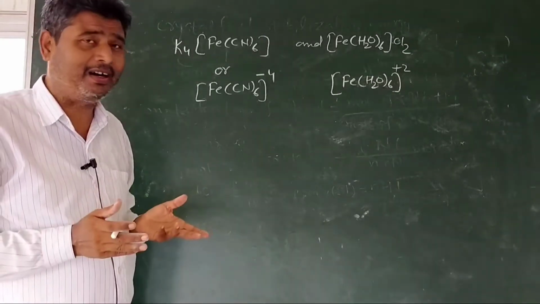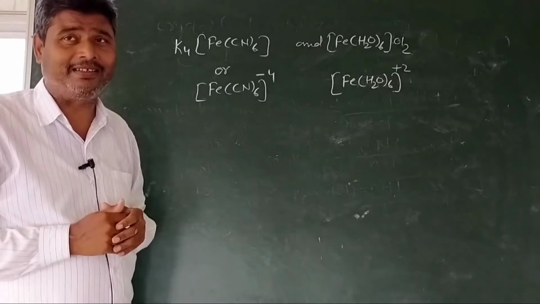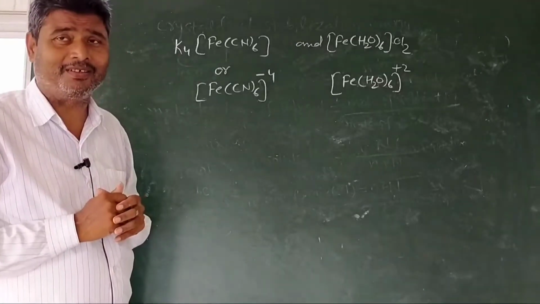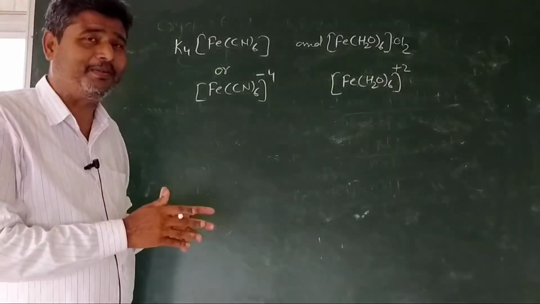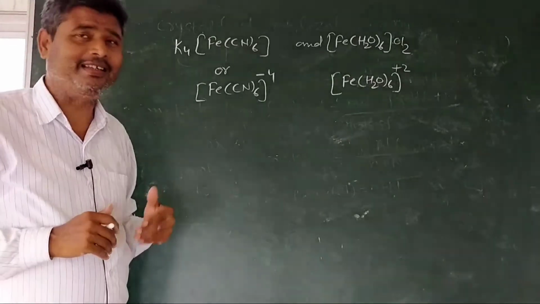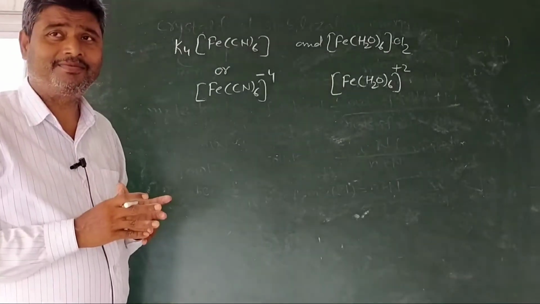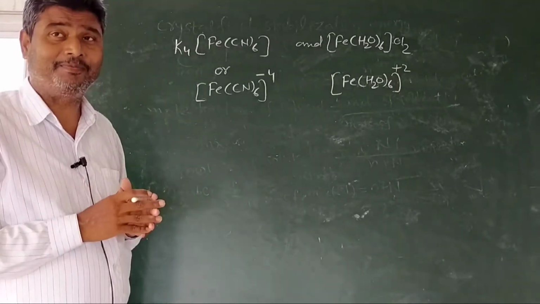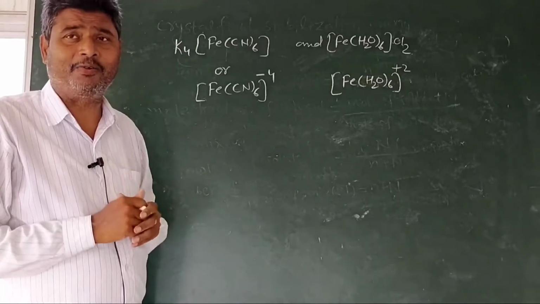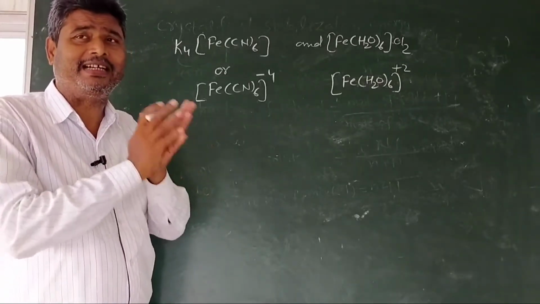So first of all, for the calculation of stabilization energy, we have to find the coordination number, whether the given compound is octahedral or tetrahedral. Second, we have to find the oxidation state, by means of which we get how many electrons are present in the d orbital.